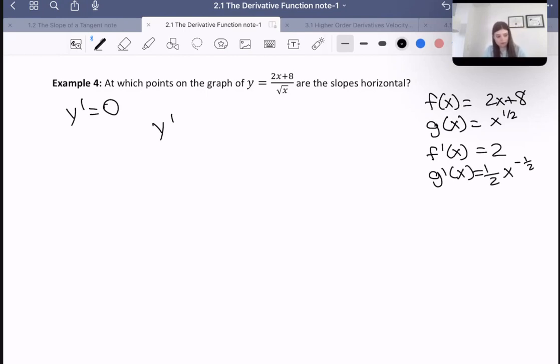All right. So what's y prime? Y prime is equal to 2 times x to the half, right? And then minus the derivative of the bottom, so a half x to the negative a half, times the top.